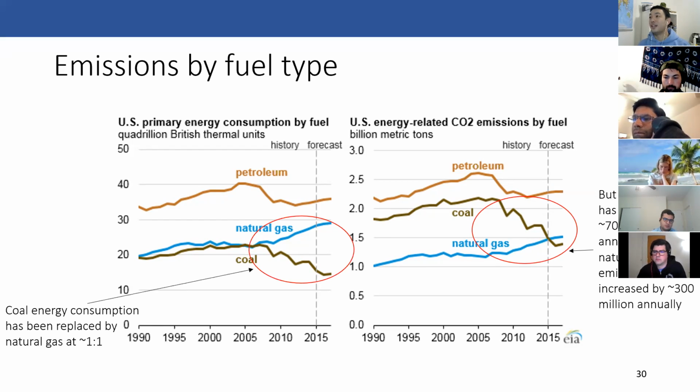And the rough order of magnitude for emissions rates from power production in coal versus natural gas: as I mentioned, natural gas is about half. If you wanted a rough number, it's about 1,000, oh man, is it pounds or kilograms?